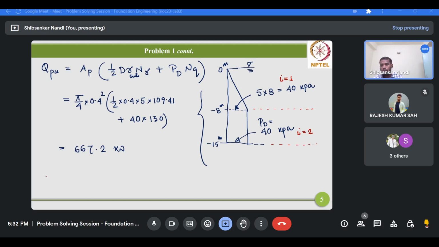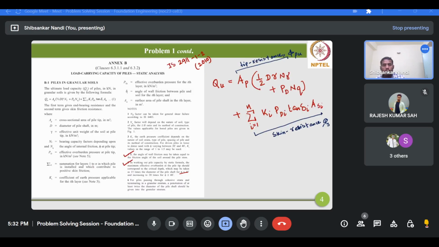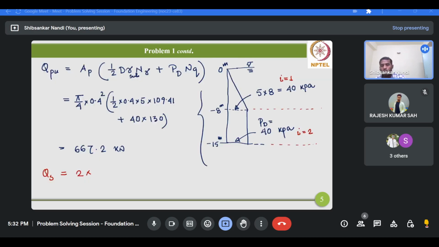So QS will be Ki multiplied by PDi multiplied by tan delta i multiplied by ASi. K is 2 for both the layers. Then PDi. Now what is PDi?